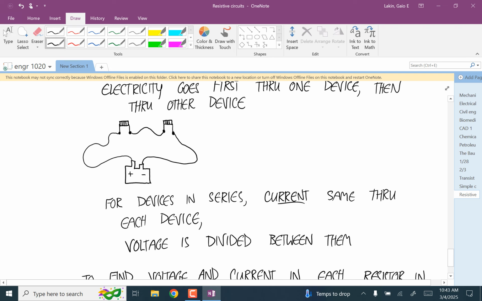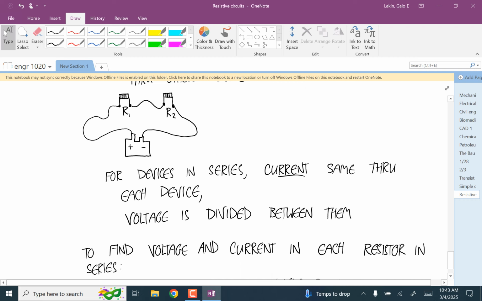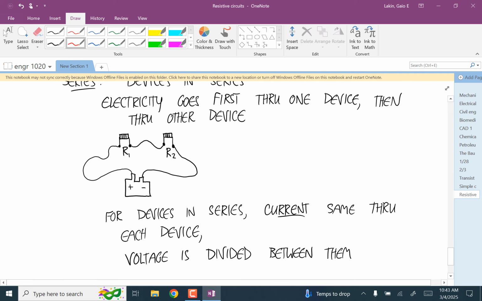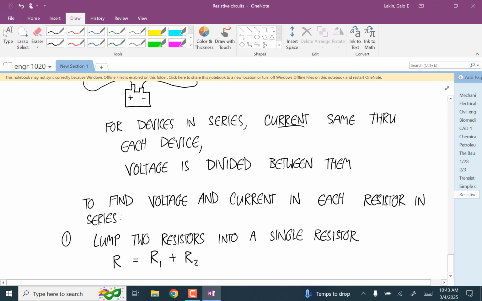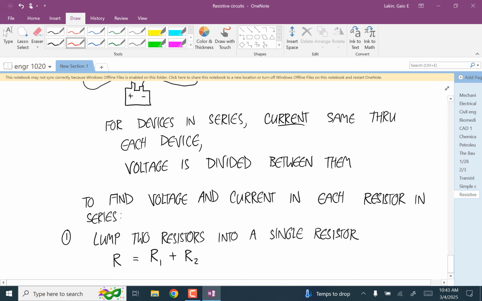So this would be R1 and this would be R2. And now we're saying, okay, we're just going to imagine that this whole thing is packaged as a single resistor. And the resistance of that whole thing would just be the sum of those two in this case.